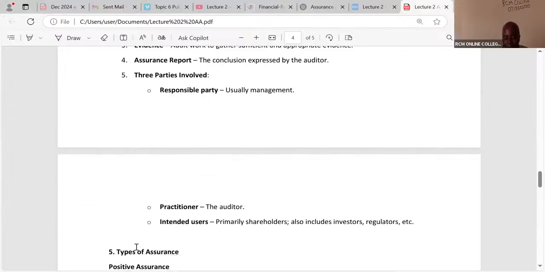That is the responsible party. And then we have the practitioner, the auditor, who is Aura and Co. And then we have the intended users, the ones who have engaged us to go and do an audit of those financial statements. Primarily, they are shareholders, also investors, regulators, etc.